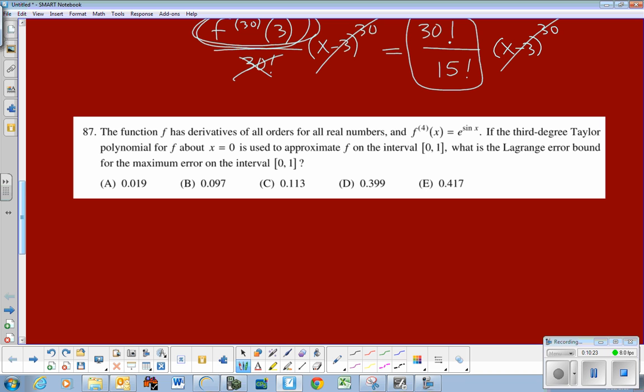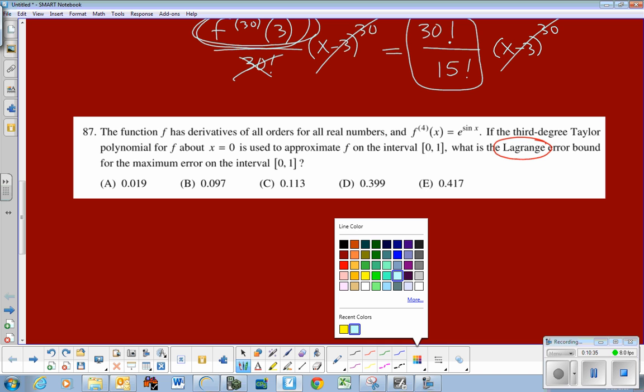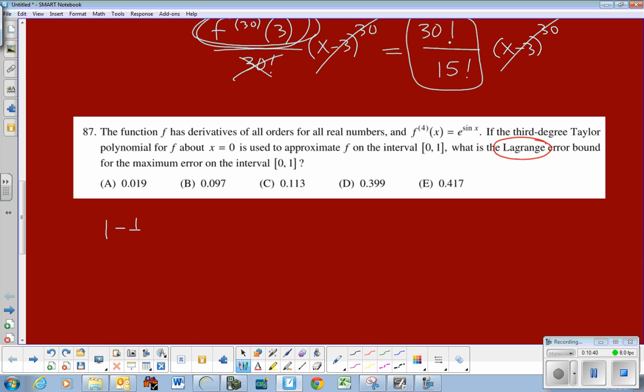All right. Next, we have a Lagrange error. Basically what you need to know about this is, if you read this section in your textbook, it's very complicated. But if you remember alternating series, the sum of an alternating series, like this one, is never more than the next term away from the true sum.